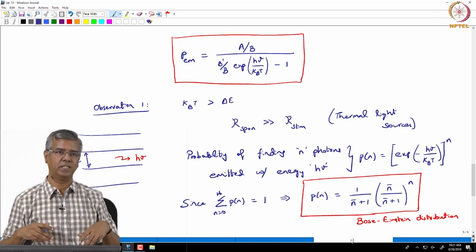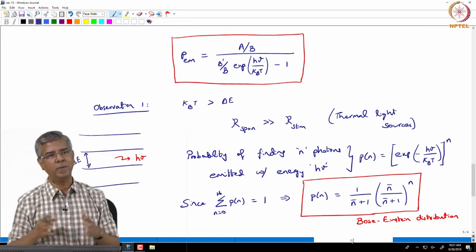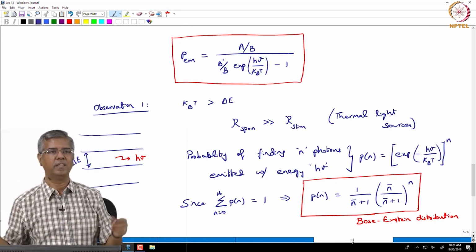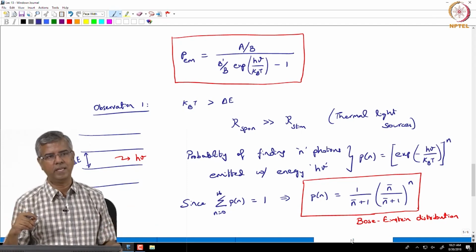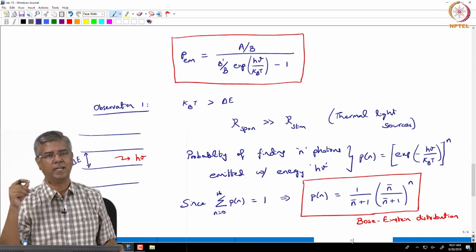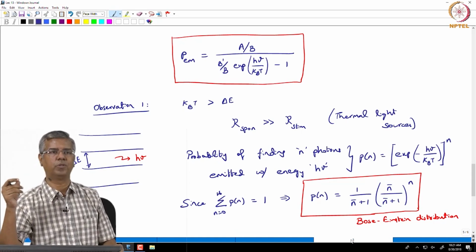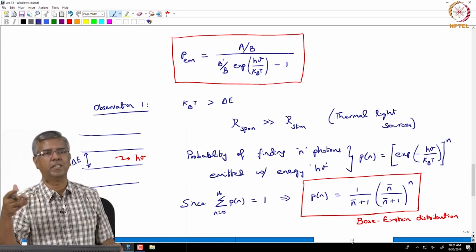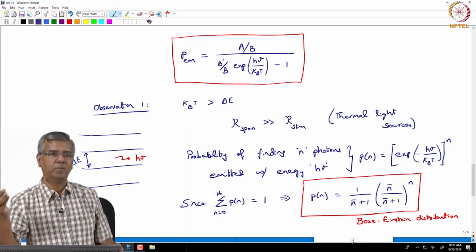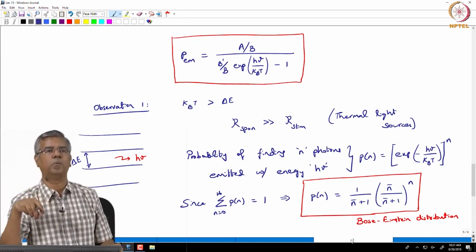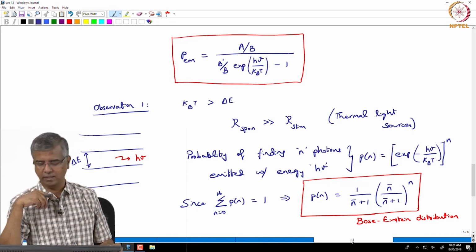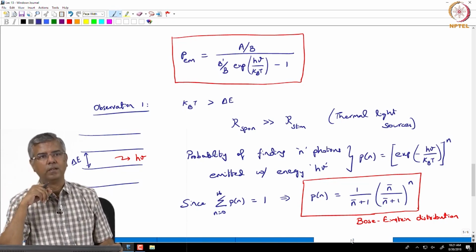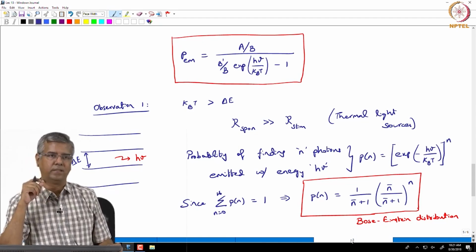That is what the summation is saying, but they will be emitted at different time scales, and they will be emitting different numbers of photons also. So the total probability of emission has got to be equal to 1, but the individual probabilities you can define. Right, yeah.